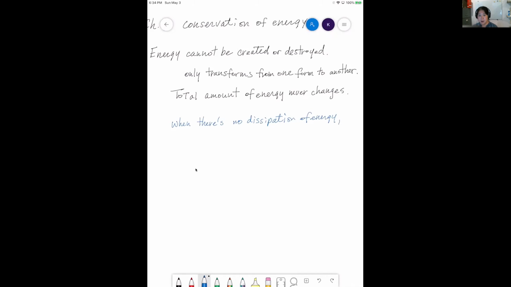If you don't have those kinds of forces, dissipation of energy, then you can apply something called conservation of mechanical energy. Right, conservation of mechanical energy. So what this means is that the sum of potential energy and kinetic energy stays constant.